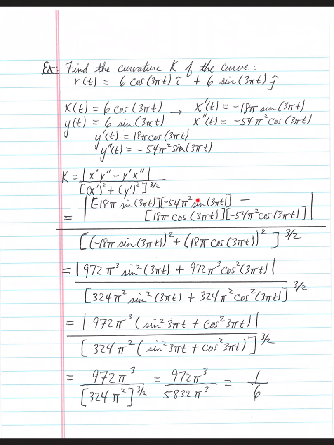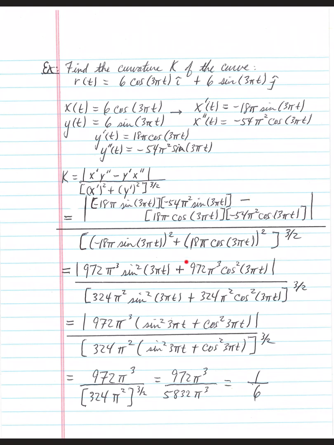Okay, multiplying these first two, 18 times 54, that's 972 pi cubed sine squared of 3 pi t. That comes from this product. Minus negative 972 pi cubed cosine squared 3 pi t.